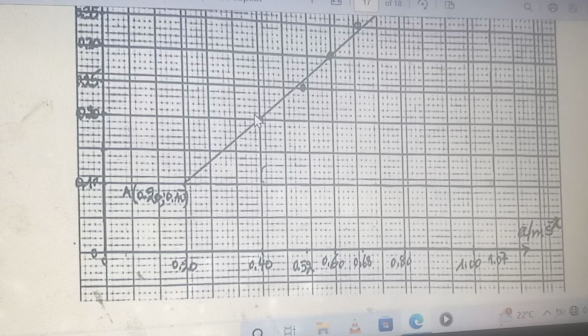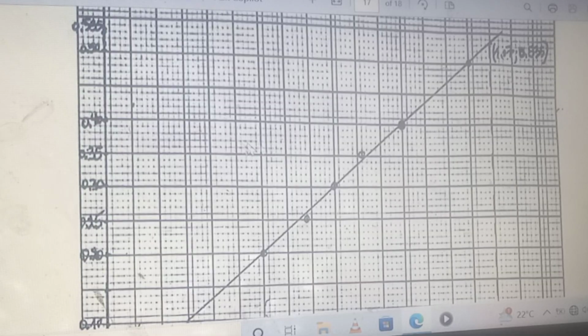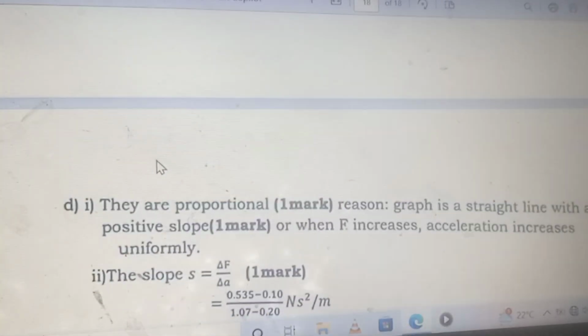The slope is equal to the change in y-axis, which is 0.2, divided by the change in x-axis, 0.4. The value you get is the slope of that graph. If you draw this graph perfectly, even if you take this point or this point, you get the same slope answer.